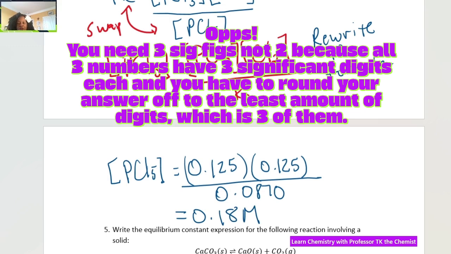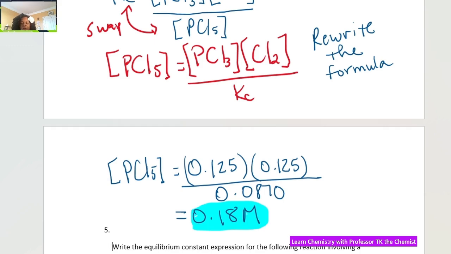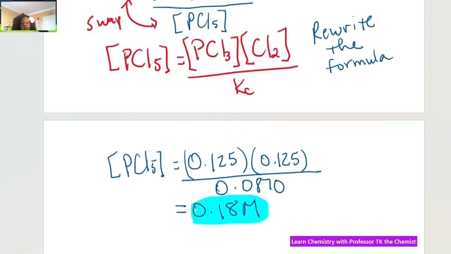That is our answer. And remember, put those units there, because your teachers may take off points. Make sure you include your units.